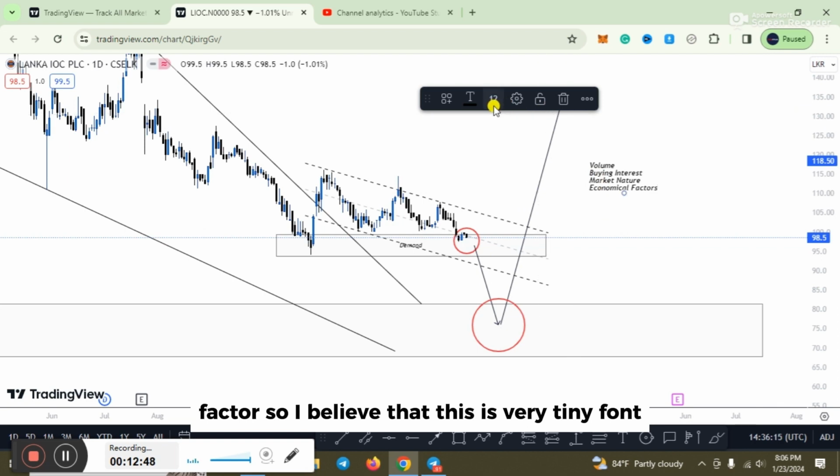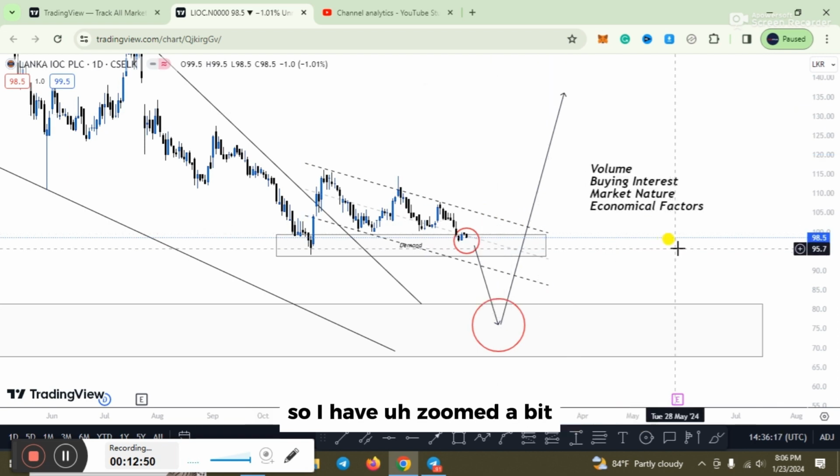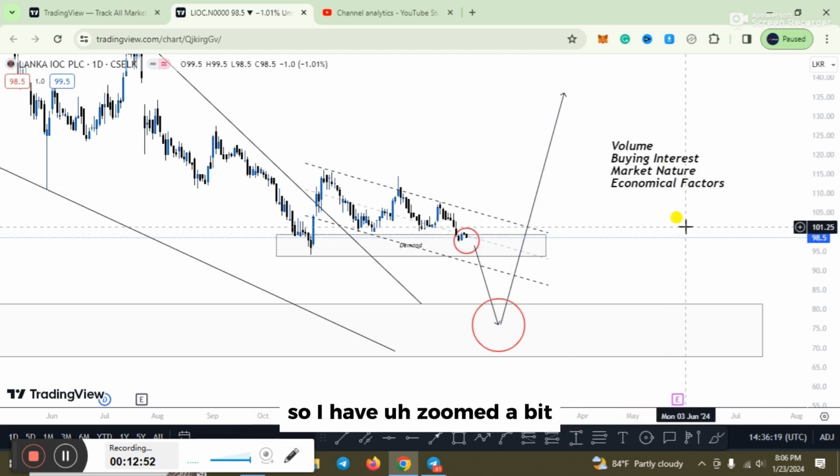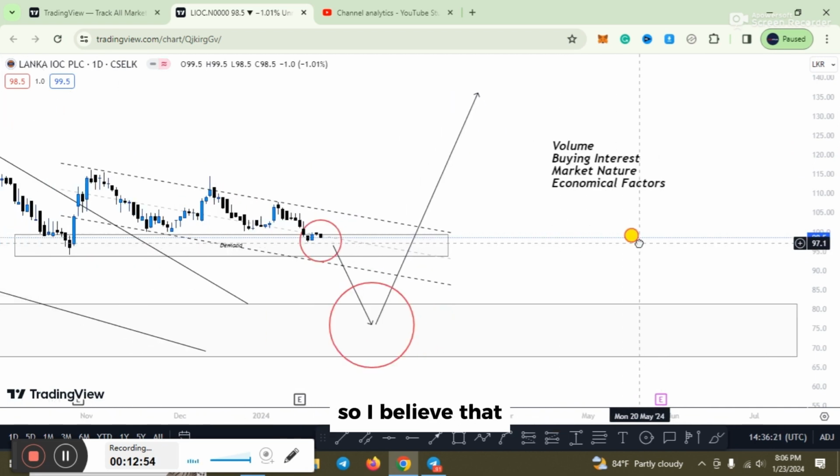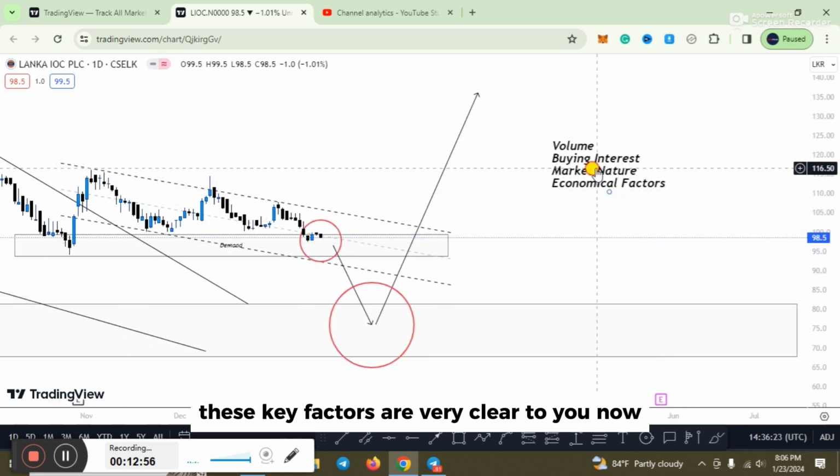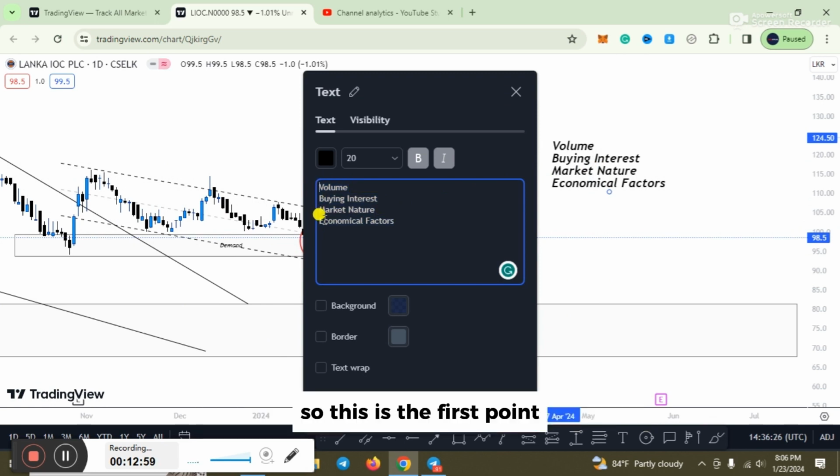So I believe this is a very tiny font, so I have zoomed in a bit. I believe these key factors are very clear to you now. So this is the first point, and the second point, the third point, and the fourth point.